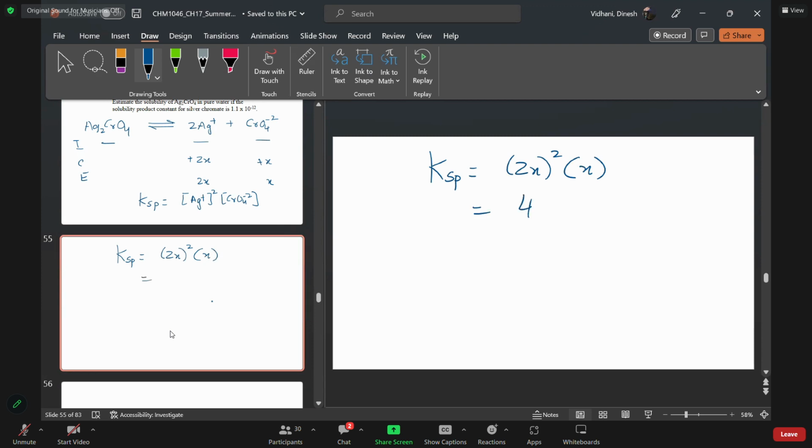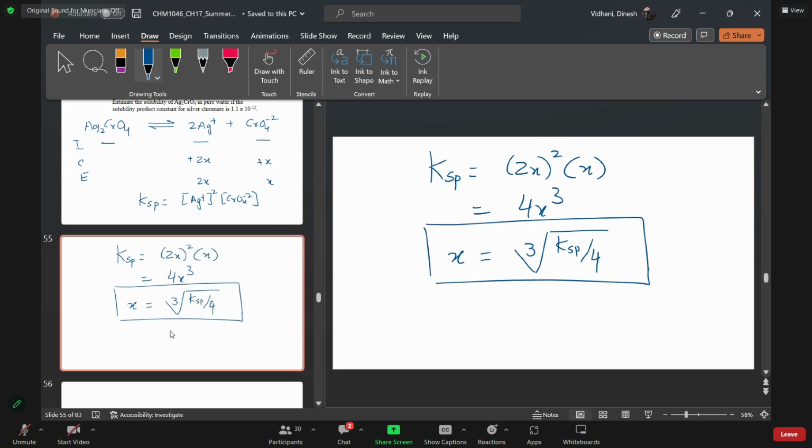That's going to be equal to 4X cubed. And in that sense, if I want to find solubility, which is X, that's going to be the cube root of KSP divided by 4. This is the equation for silver chromate.